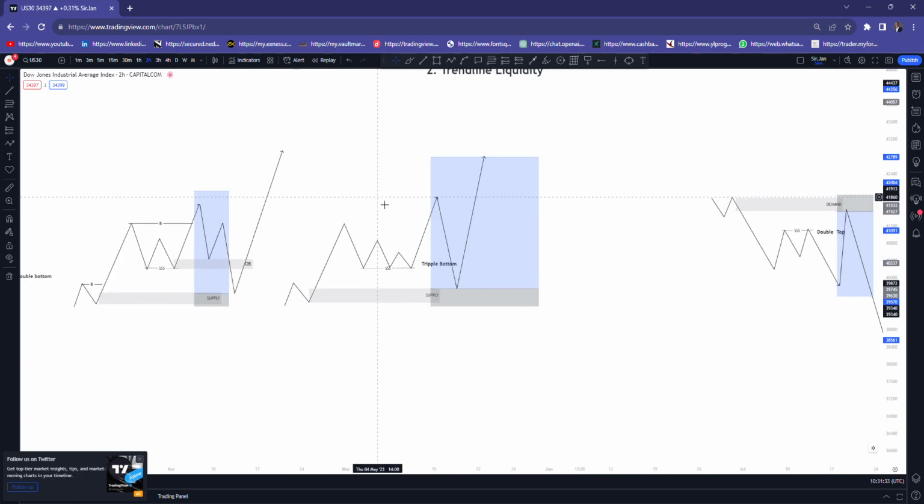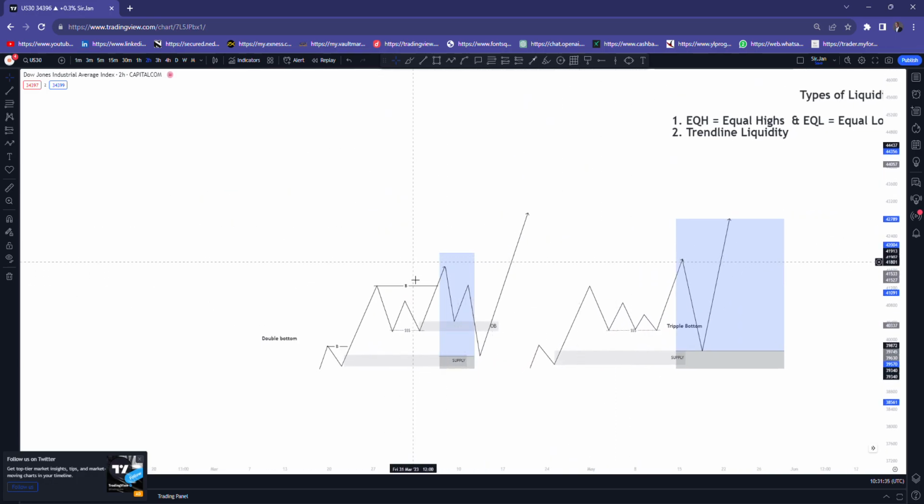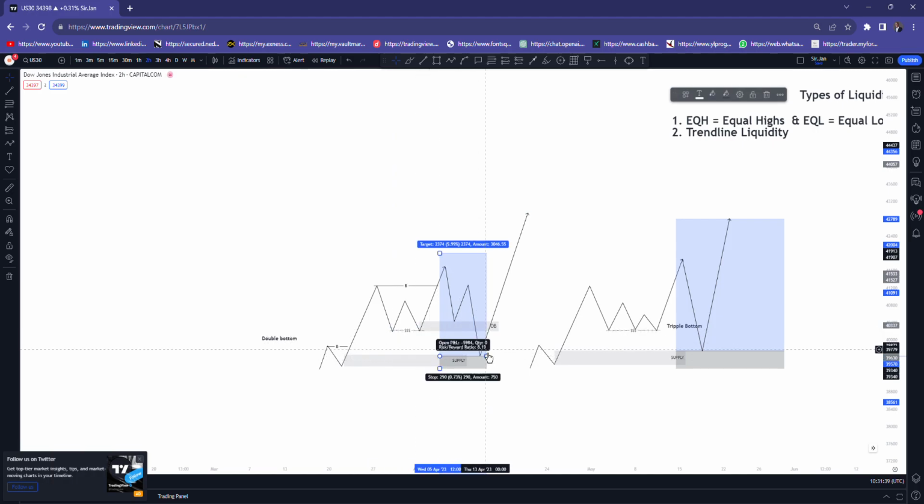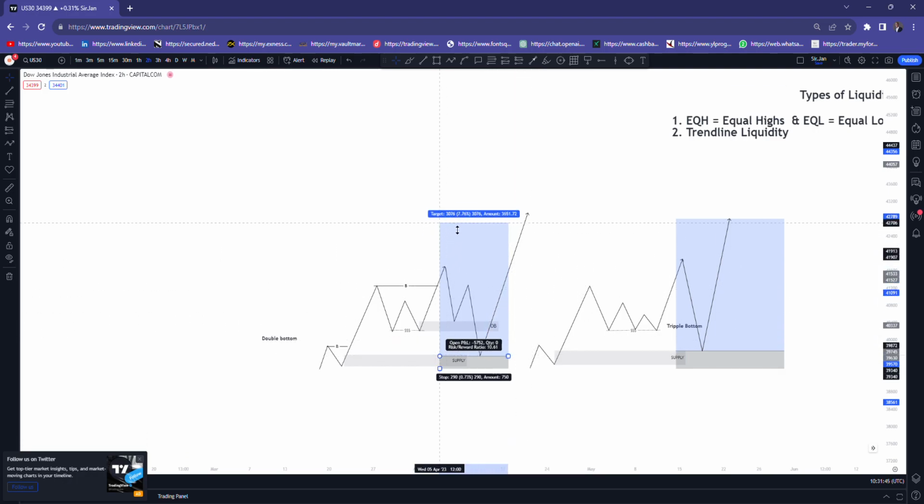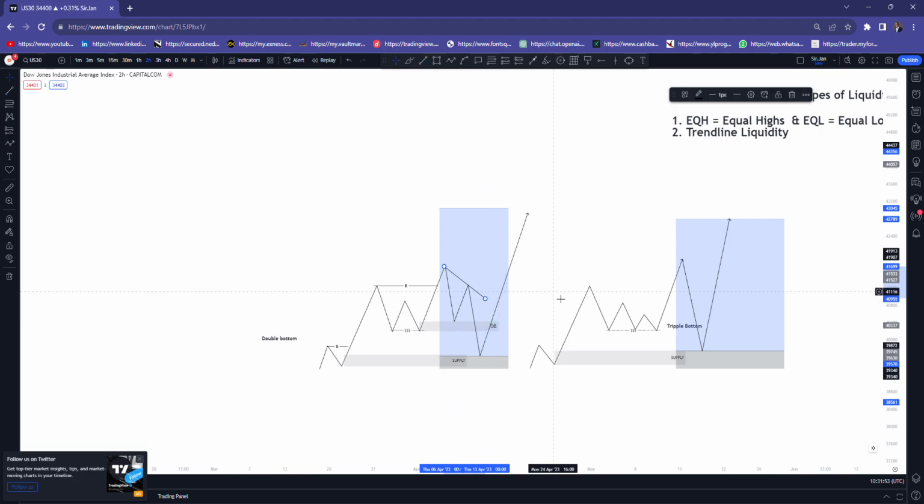So in this case, if you look well, it swept this liquidity here before it tapped you in. But in the process of sweeping this liquidity, it also created a bit of a trend line liquidity on the other side. So those are the things that you need to look into.